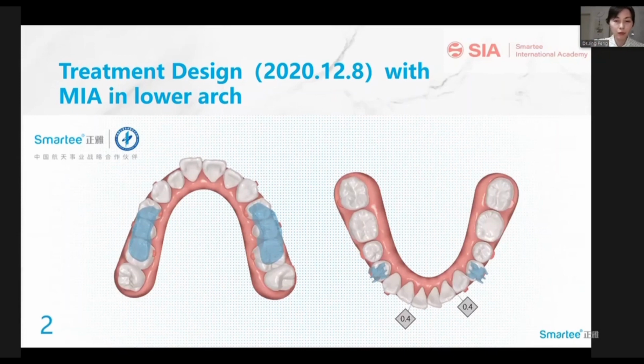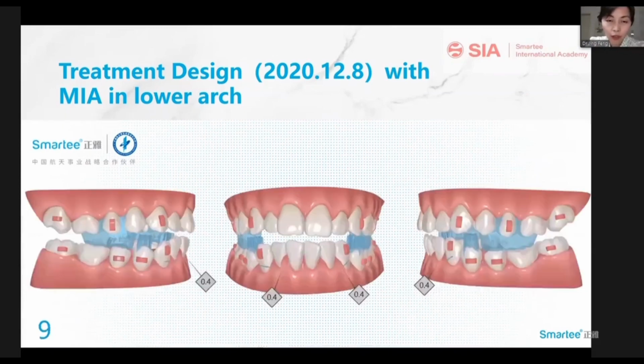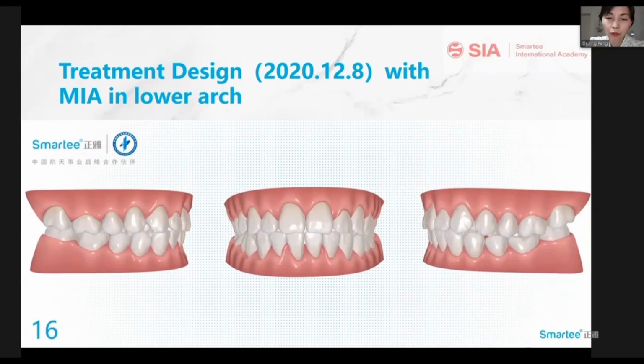From this view, we'll see it clearly. Also, some IPR to provide space to relieve the crowding and make good control of the inclination of the lower incisors.